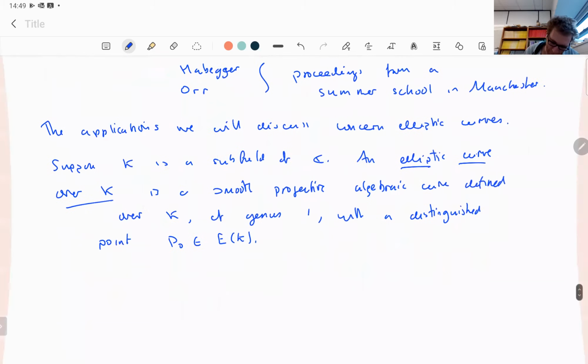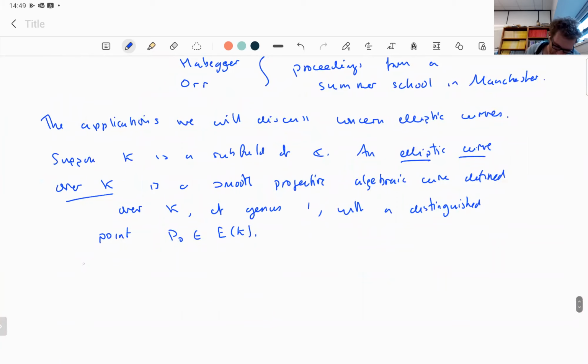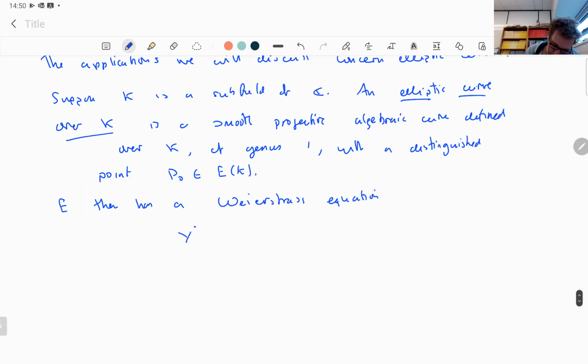So that's the abstract definition, but then there's a more concrete one. Any such E then has a Weierstrass equation given like this: y squared equals 4x cubed minus g2x minus g3, where g2 and g3 are elements of my field K, and they satisfy g2 cubed minus 27g3 squared is not 0, so that's going to make the curve smooth.